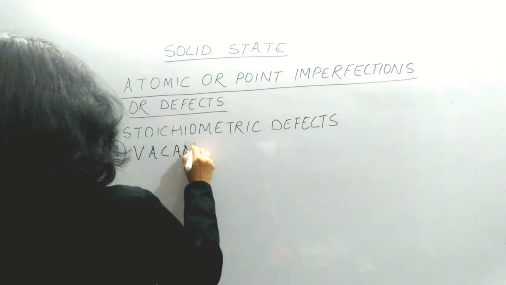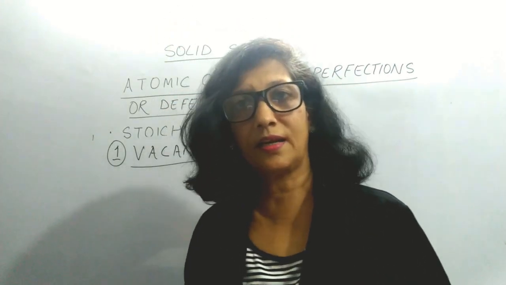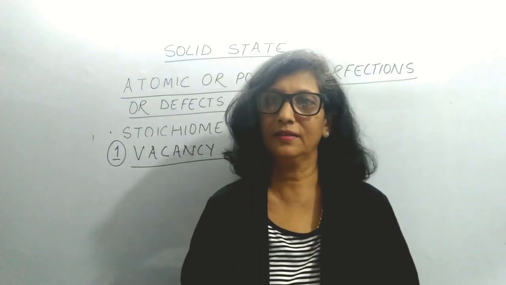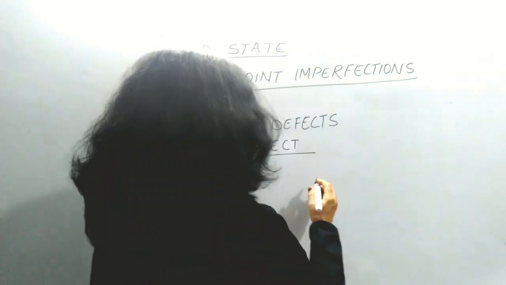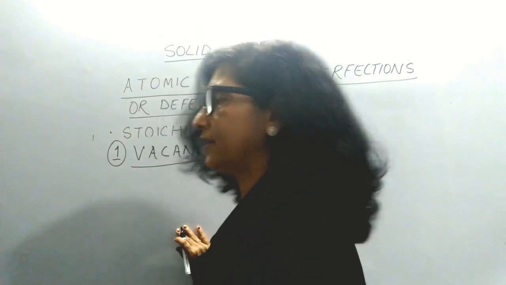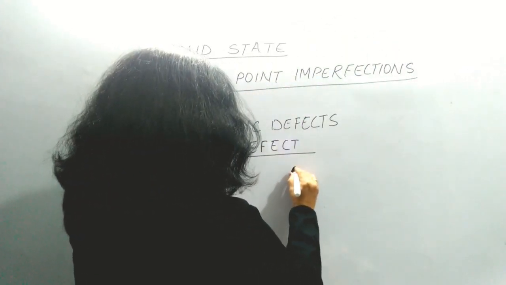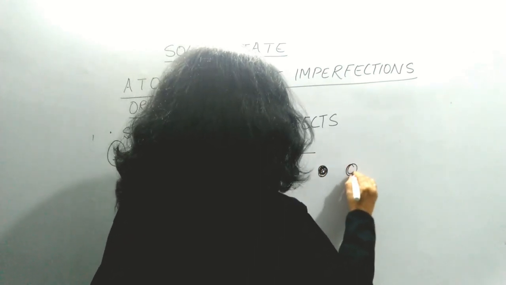Vacancy defect arises when some of the lattice sites in a crystalline solid are vacant. We can see here diagrammatic representation of this defect. The lattice, we can see here, we are making here the lattice sites.